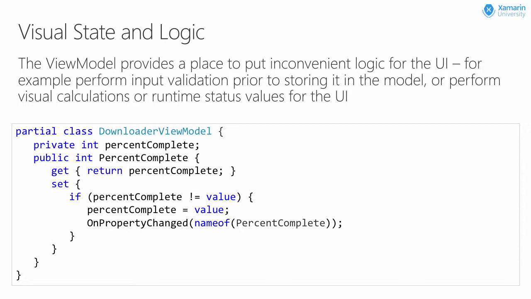Now it's clearly view-centric, but it's not really part of the view directly. We can also provide easy access to calculations and validations or transformations of the model data for the view to present. Here, for example, we're providing a progress property, which would drive something visual to display activity related to the calculation being performed.